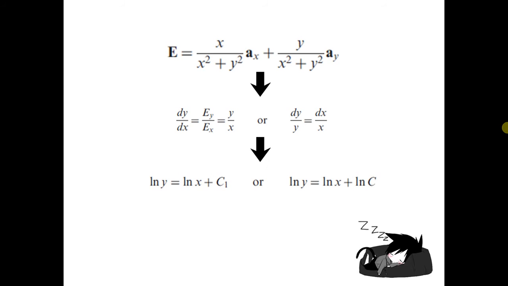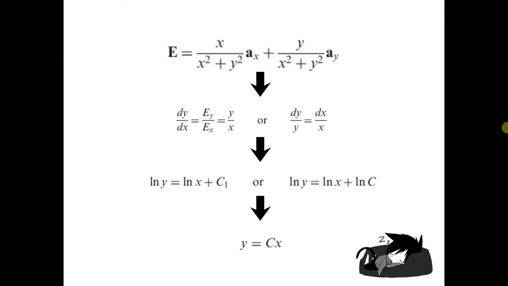Therefore, ln y equals ln x plus c1, or ln y equals ln x plus ln c, from which the equations of the streamlines are obtained: y equals cx.